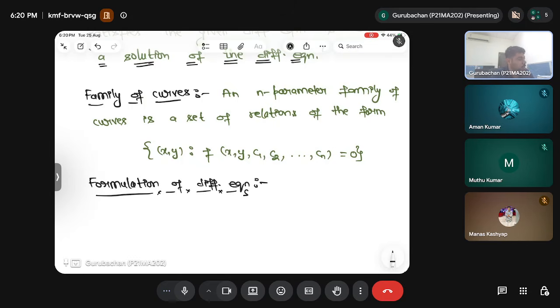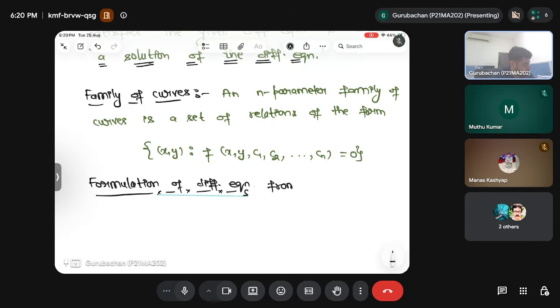Tell me how one can formulate a differential equation from a given n-parameter family of curves.